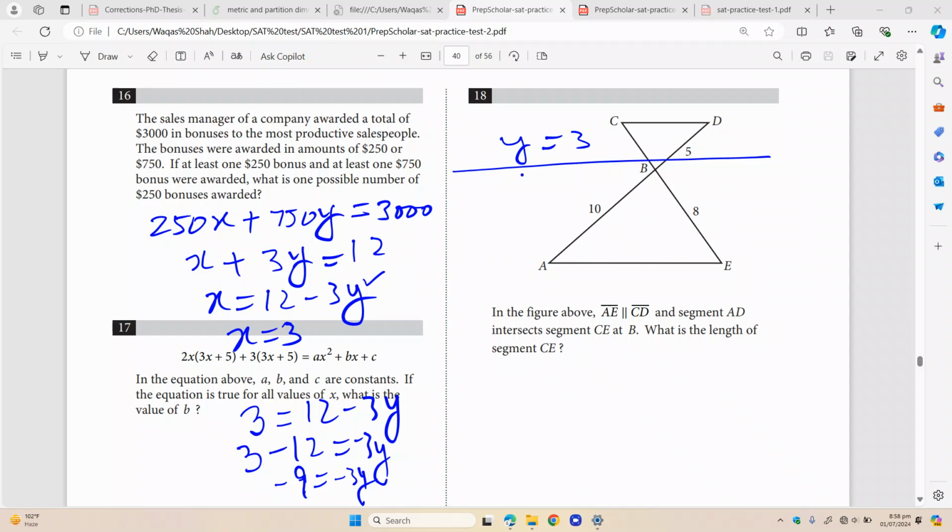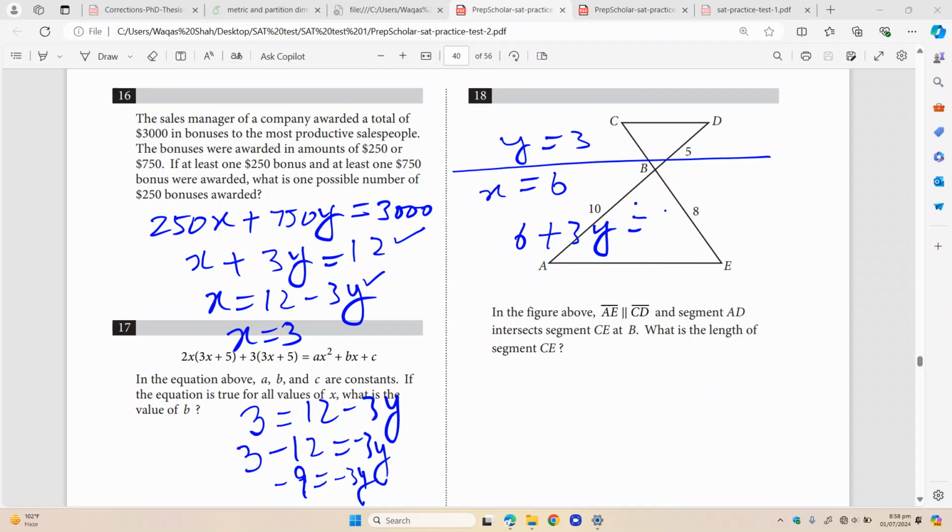And in the second scenario, we must have the number of bonuses of 250 in the multiple of 3, because that will make sure that we will not get any fraction for y. Okay, so if we plug x is equal to 6, that would mean that there are 6 bonuses of 250. If we plug that value in this equation, we will have 6 plus 3y is equal to 12.